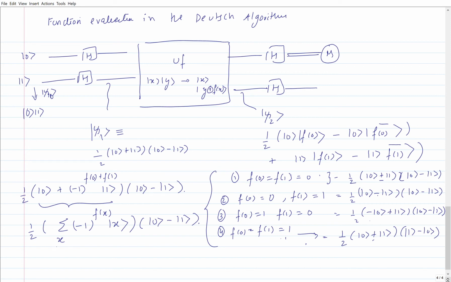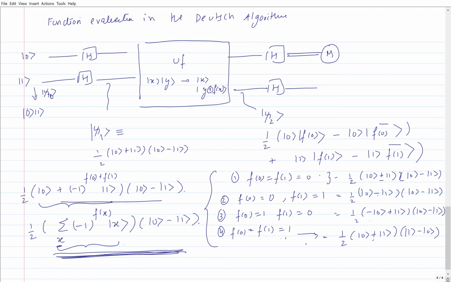So here x is either 0 or 1, and it's just going to take the value. So that's a useful form. These two forms are useful. We are going to use them to generalize what's going on.